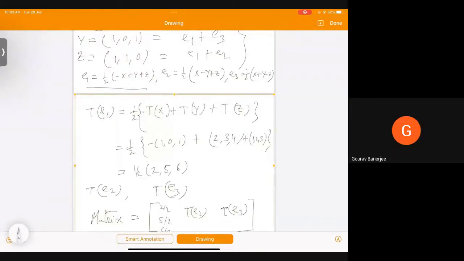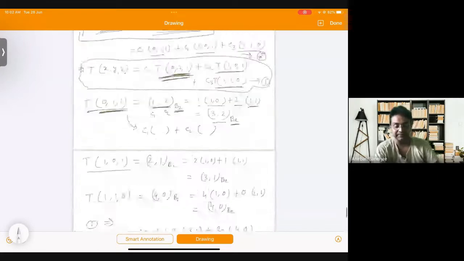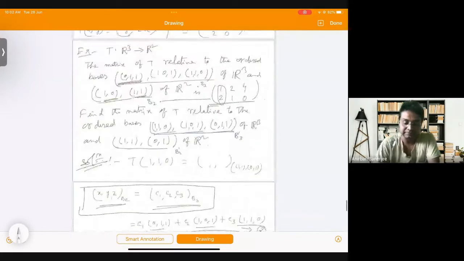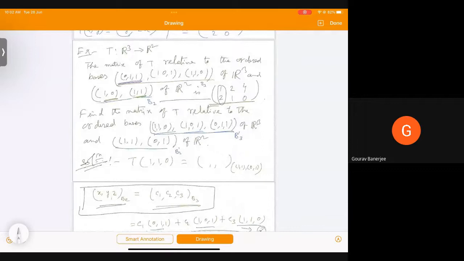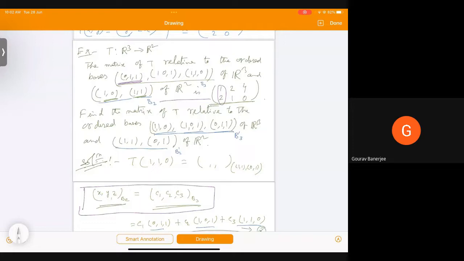Sir, in the first example, sir. So, first example, let's go to the first example. Yes, sir. I wanted to ask that this matrix is given with respect to 0, 1, 1, 1, 0, 1, and 1, 1, 0, from B3 to B2.